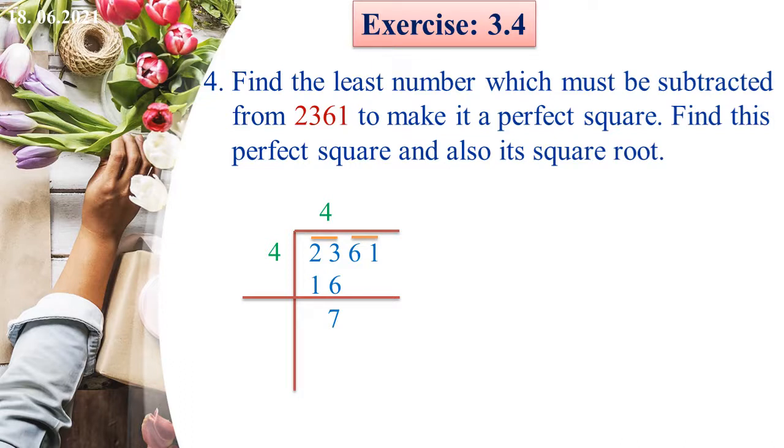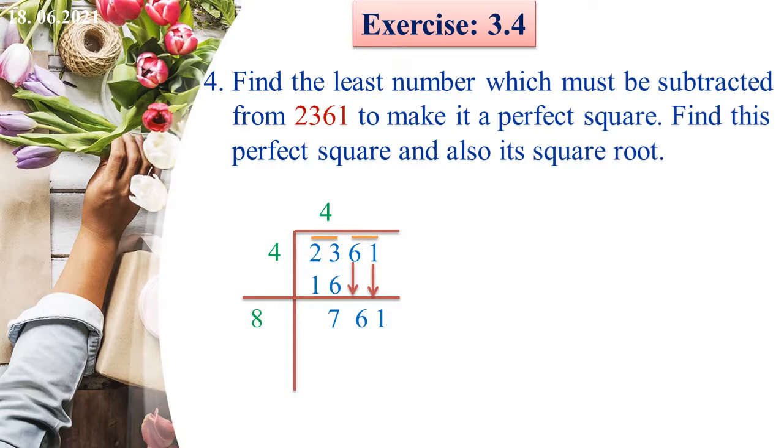Next, bring down the next period to the right of the remainder. Now, 761 becomes the new dividend. Now, obtain the new divisor by taking 2 times the quotient. On doubling the quotient 4, we will get 8, and annexing with it a suitable digit.